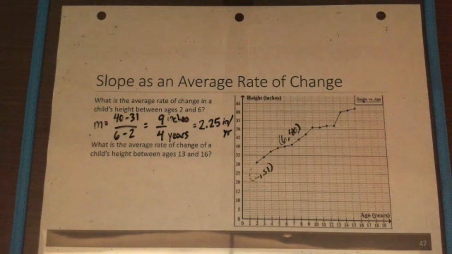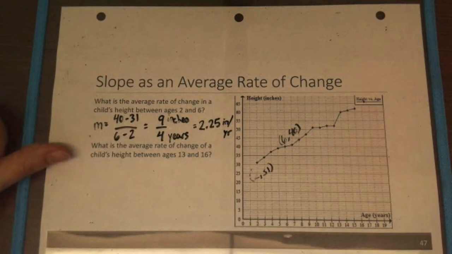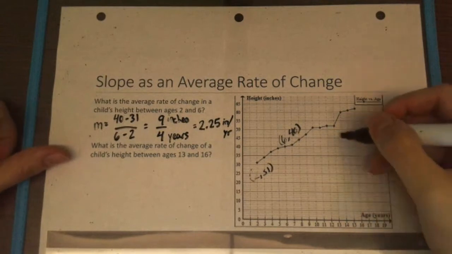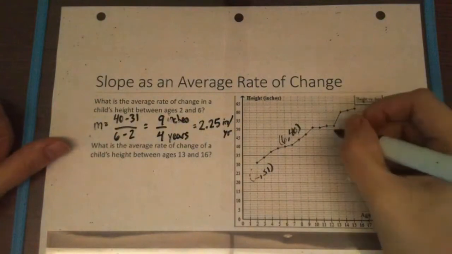Now that doesn't mean that they're growing by 2.25 inches every year. It just means on average, between the age of 2 and 6, the child is growing by 2.25 inches. Next, we're going to look at the average rate of change of the child's height between the ages 13 and 16. So at age 13, the height appears to be 52.